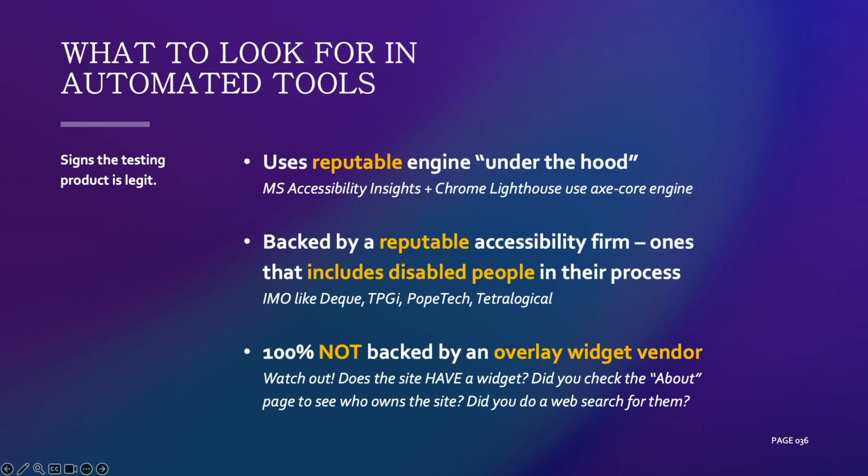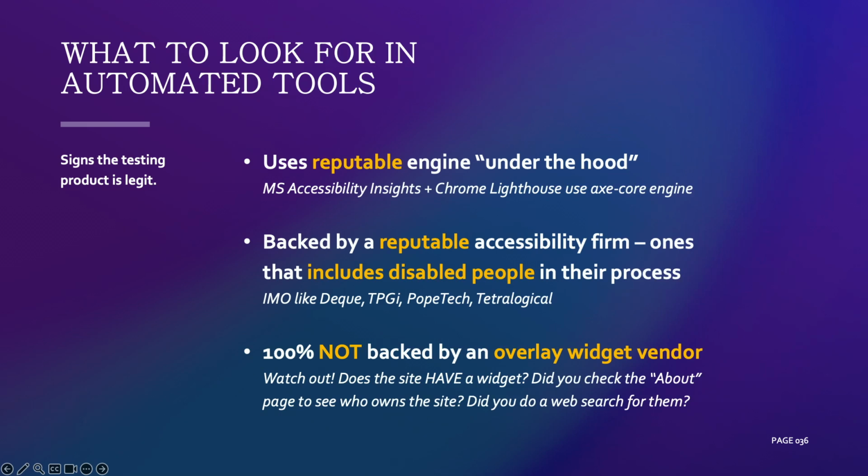So, automated tools. What are you going to look for in automated tools as you go through your list and try to test things out? So these are signs that your product is legitimate, that it's good. It needs to use something reputable. You'll see the word reputable here a lot. So there are reputable engines that different vendors use.